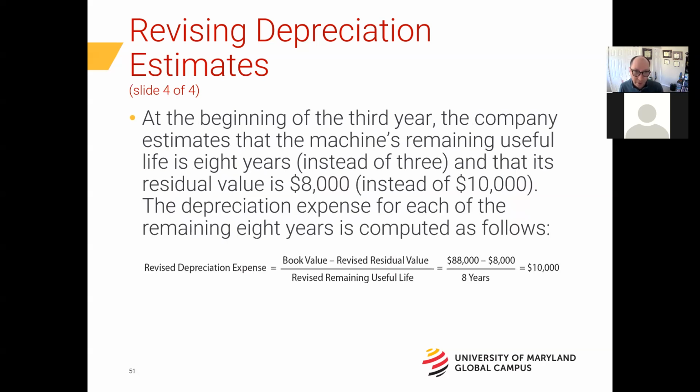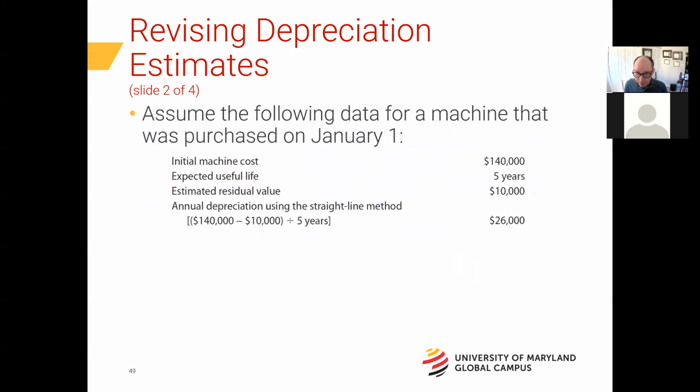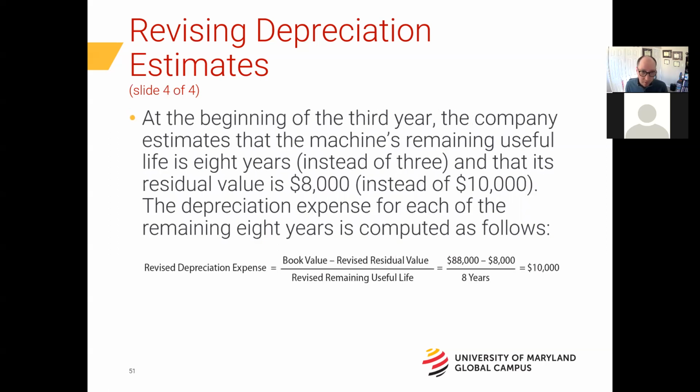Beginning of the third year, we decided that the residual, what happened here? Remaining useful life is 8 years. Okay. Well, yeah, of course it is, because we said it was supposed to be 10, right? No, it was 5. So what happened?